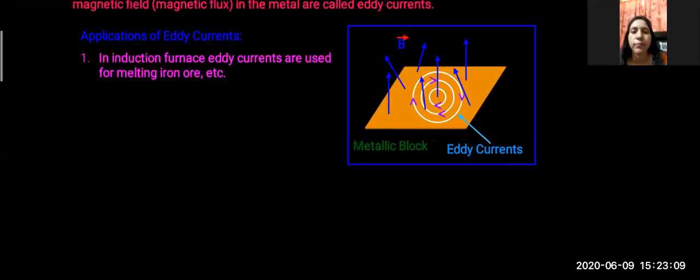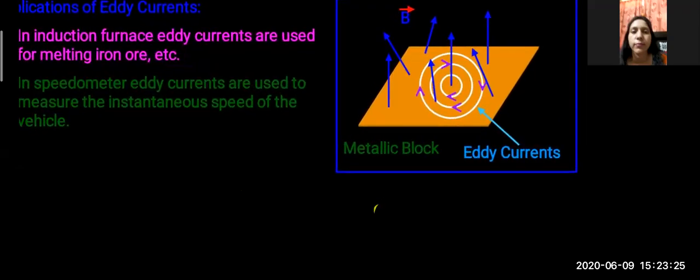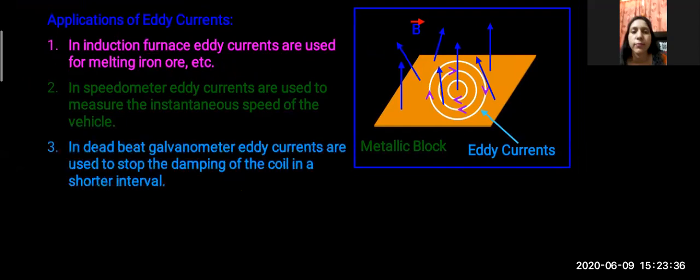Now, applications of eddy current. One application is in the induction furnace. Eddy currents are used for melting iron ore. In a speedometer, eddy currents are used to measure the instantaneous speed of a vehicle. In a deadbeat galvanometer, eddy currents are used to stop the damping of the coil in a short interval.